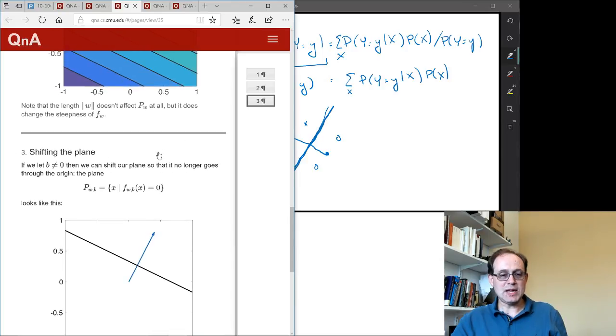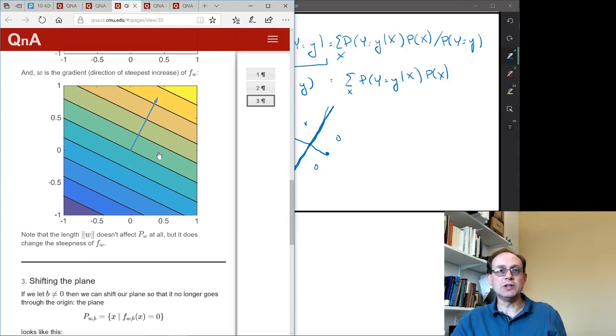A lot of people may come in familiar with all of this geometry, but if you're not, it's good to play with a few examples using a plotting program. For example, MATLAB has nice plotting functions, and Python has a library called matplotlib.